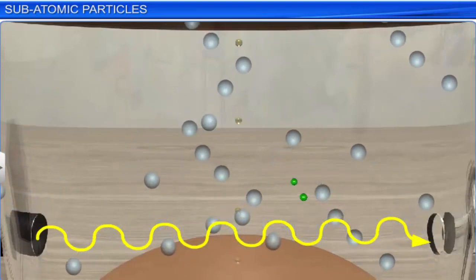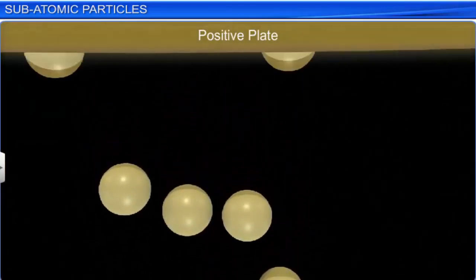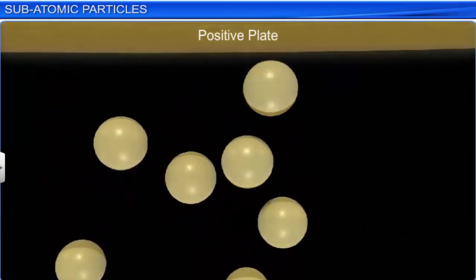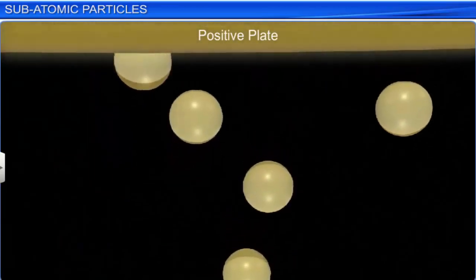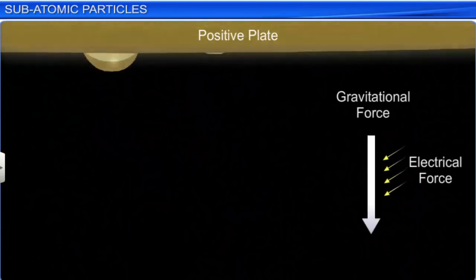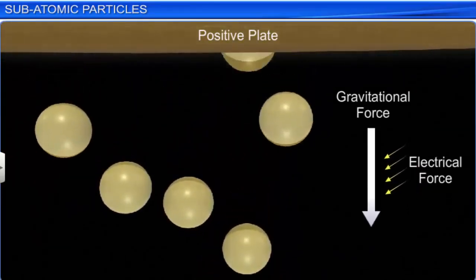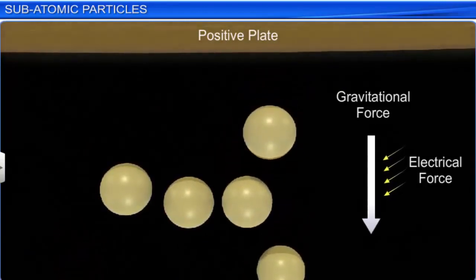The X-rays displaced electrons from air molecules, which negatively charged the oil droplets. On applying voltage to the upper positive plate, the charged oil droplets got attracted towards it against gravitational force. Millikan then varied the voltage to strike a balance between the acting forces and to make the oil drop stationary.